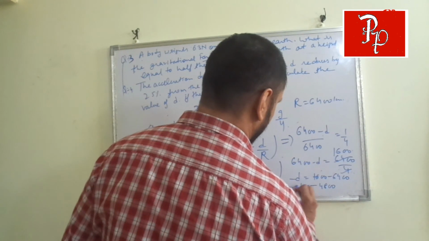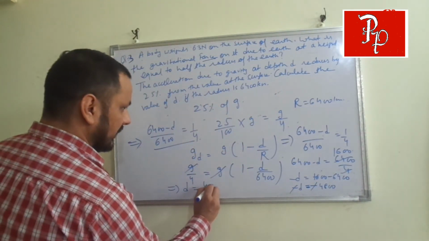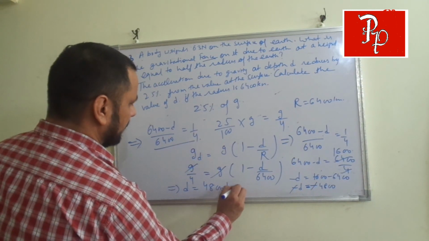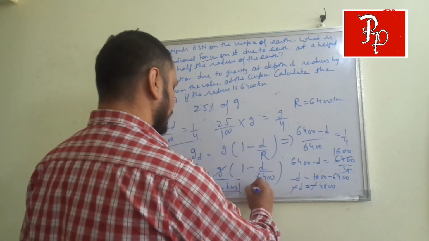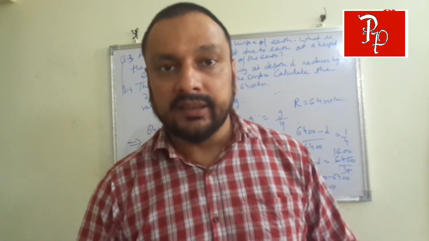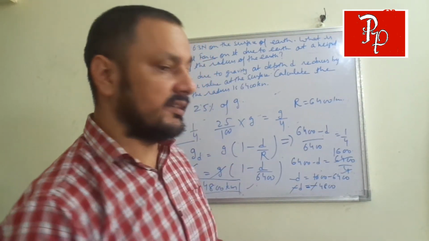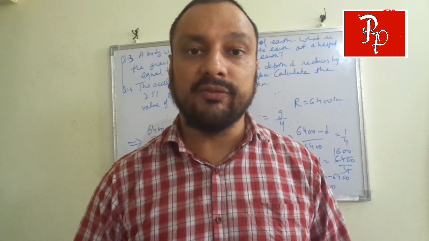Minus gets cancelled, implies d equal to 4800 kilometers. And this is the formula which we have to use over here. So students, you have seen how we apply these formulas to our numericals, the most applicable part. Study them carefully and precisely.